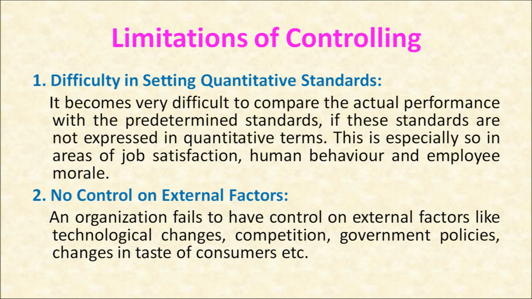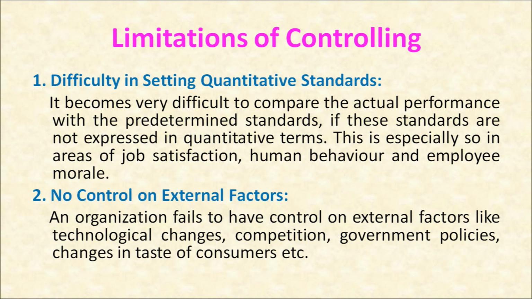If standards are in qualitative forms like job satisfaction, improvement in performance, increasing employee morale, lowering organizational conflict, or developing a cohesive environment in the organization, these qualitative aspects cannot be measured. So as a result, the management cannot compare the actual performance and the laid down standards.